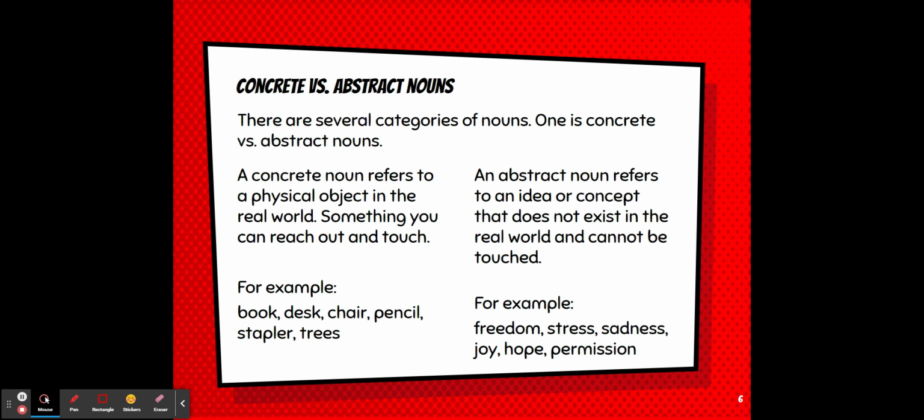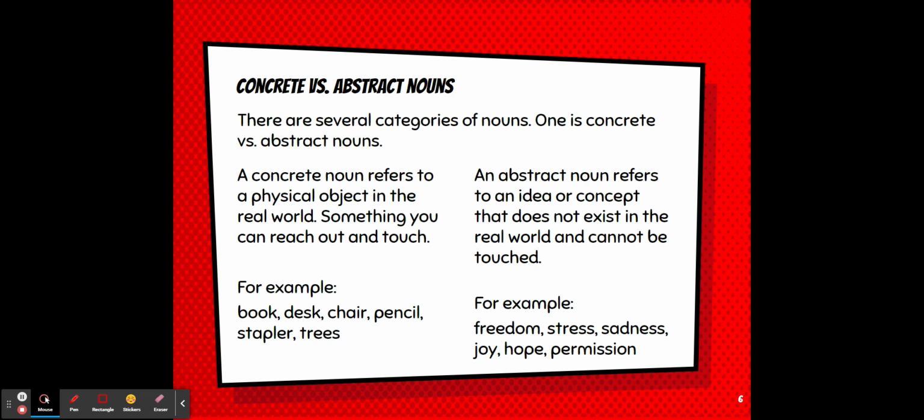There are several categories of nouns. One is concrete versus abstract. A concrete noun refers to a physical object in the real world, something you can reach out and touch. For example, book, desk, chair, pencil, stapler, trees, all of these are things you could interact with.